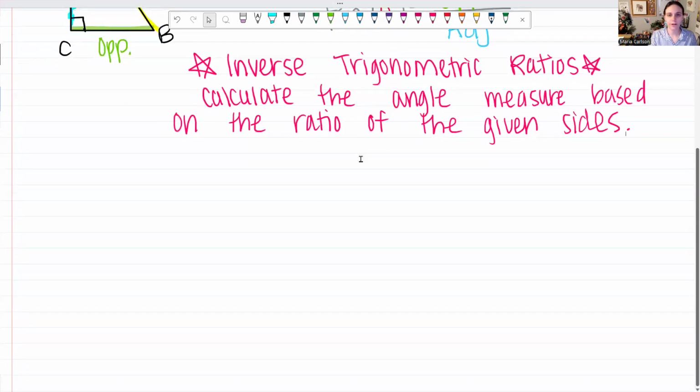So we have three trig ratios and therefore three inverse trig ratios.